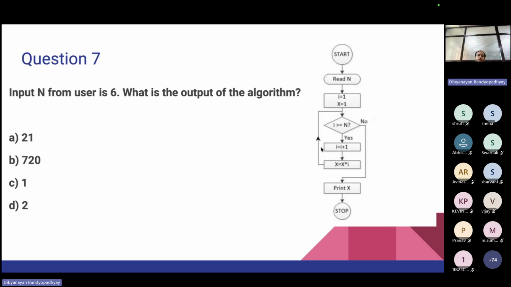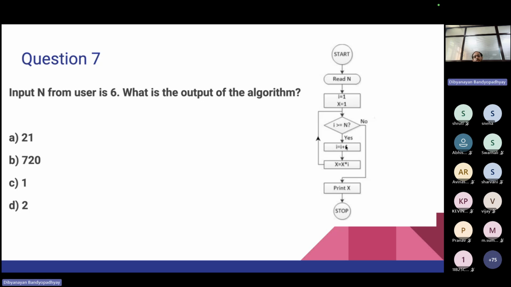What do you think, is there a pattern you can see here? What is this algorithm doing? It is an infinite loop, right? It will never break. So now the value of x is 6. If you come back again, I is greater than or equal to n. Yes, because the value of I is now 2 and the value of n is 0.